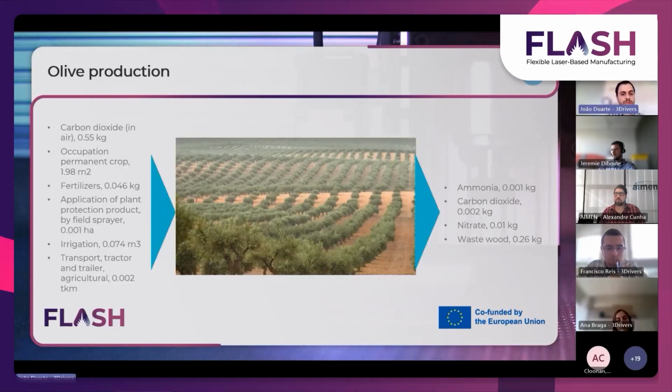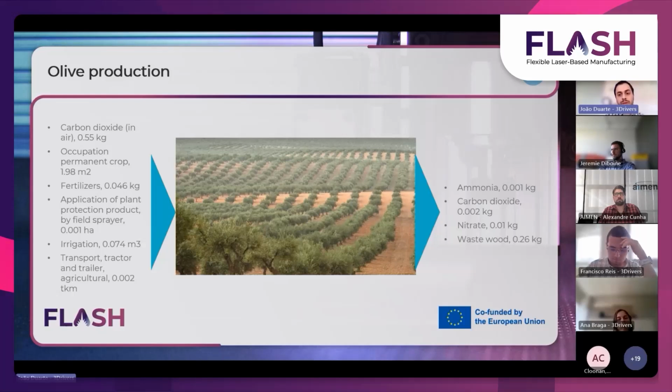So just to go briefly look at each life cycle phase of this example, then we'll look into more detail using the Excel. So just to have a brief overview, the first phase is the olive production, where we have, as I said, fertilizers, other agricultural products, irrigation, the land that is used, and also the equipment that is required.